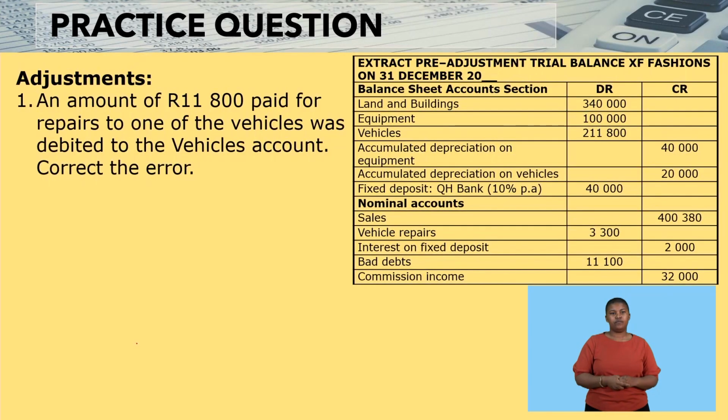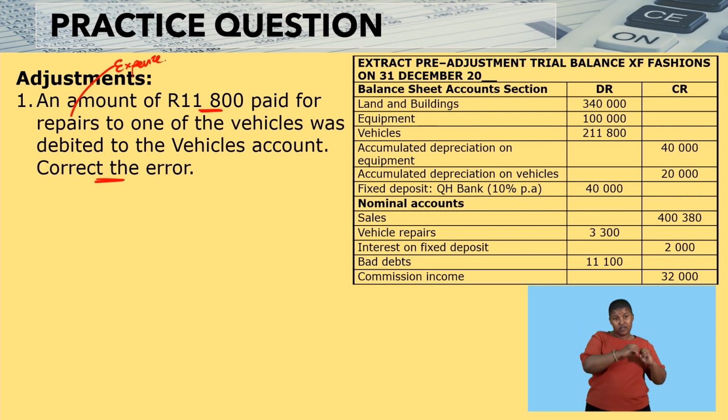All right, so let's start off with adjustment number 1. It says, an amount of 11,800 paid for repairs to one of the vehicles was debited to the vehicle's account in error. It is very important now to understand that repairs are an expense.